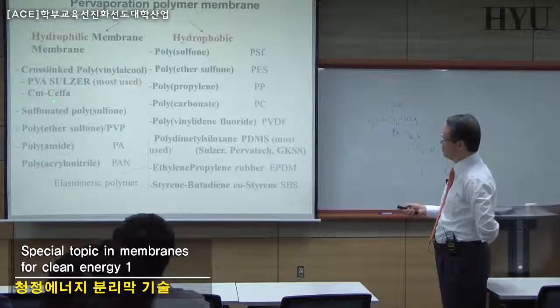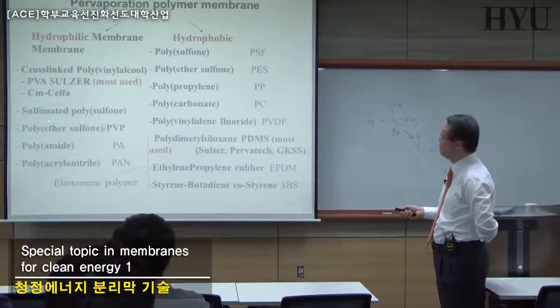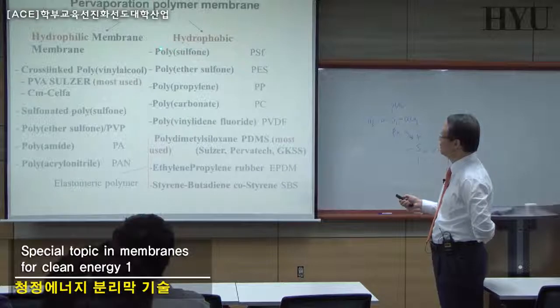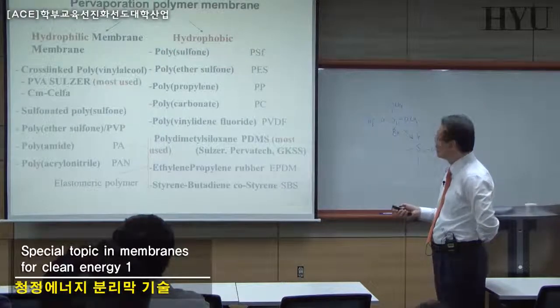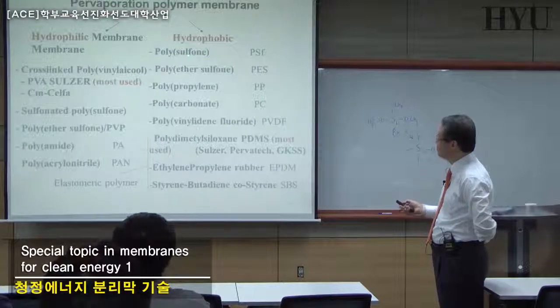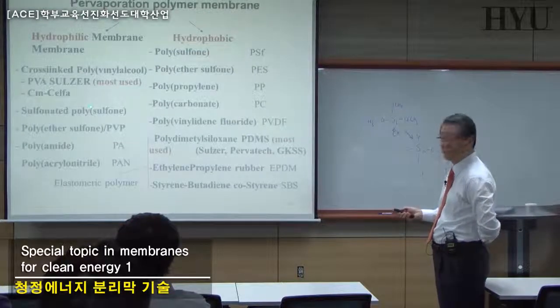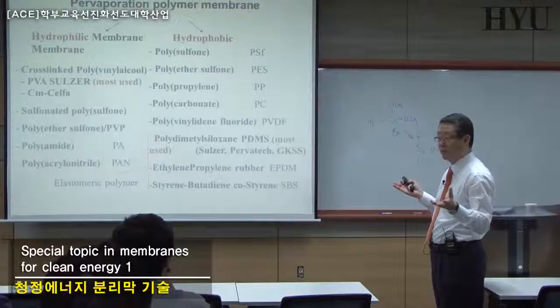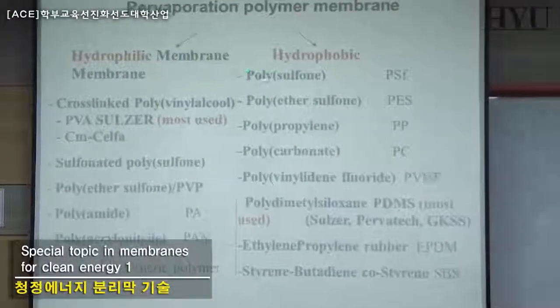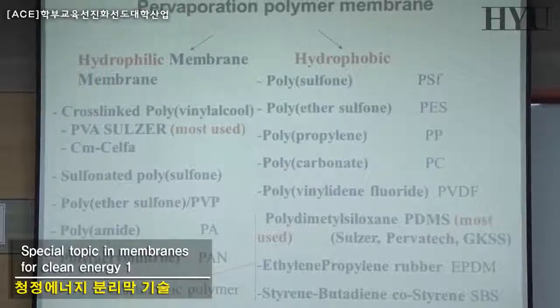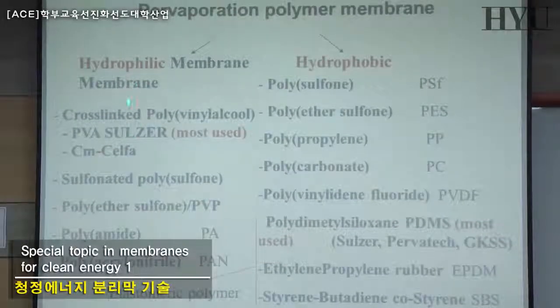If you have functional groups containing sulfonic acid, versus if you do not have any sulfonic acid group, we have different applications. Polysulfones versus sulfonated polysulfones are quite different because of the nature of the philicity and phobicity. Polysulfone is hydrophobic, whereas the sulfonated polysulfone is hydrophilic.